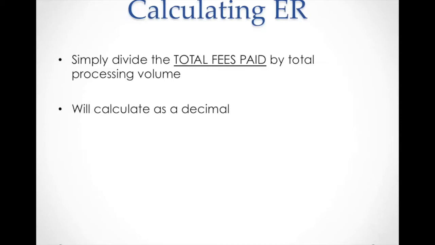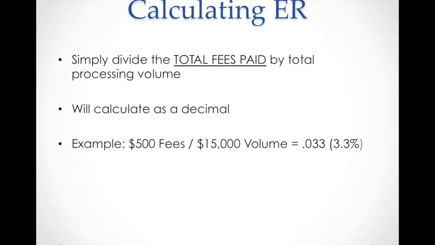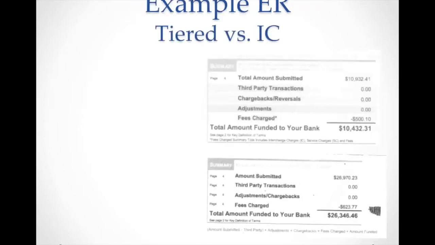So it's important to understand if it says 0.032, you have to move that decimal over. That's actually 3.2%. When it comes out as a decimal, that means you did the math correct, and you just need to understand that that is actually a percentage in the form of a decimal. So there's an example right there. If it comes out 0.033, that equals 3.3%.